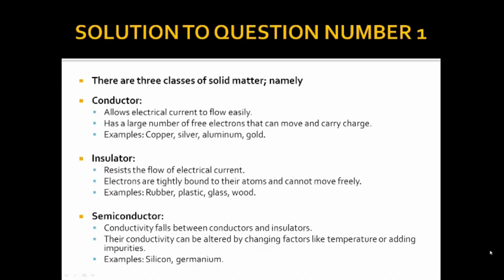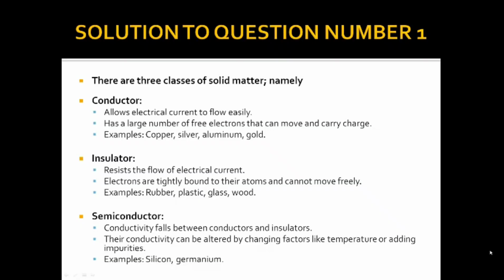Now we have the third one here, the semiconductor. A semiconductor has a conductivity that falls intermediate between conductors and insulators. That means sometimes it's an insulator and sometimes it's a conductor. In its natural state, it's an insulator.